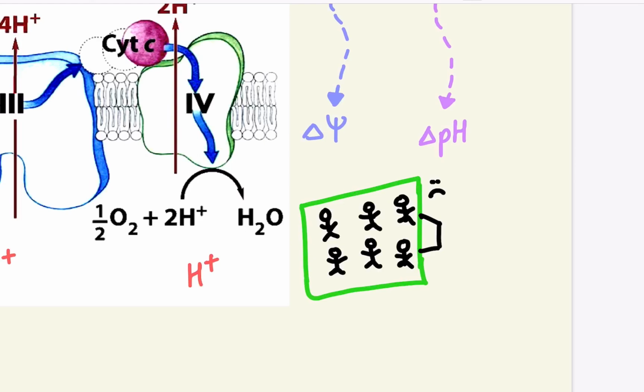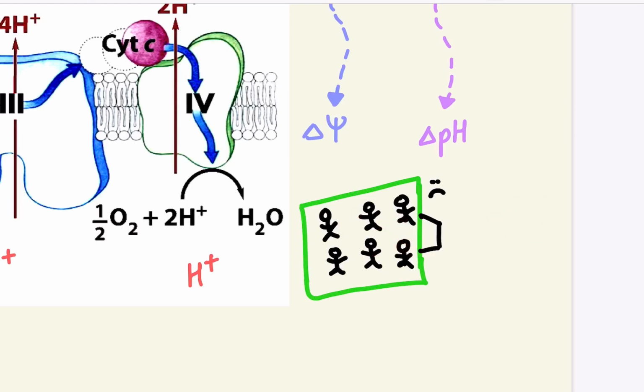When there is some kind of opening, the gradient will equalize, because the lots of people in here will rush out into location Y, and eventually there will be an equal amount of people in here and in here. The gradient will equalize.